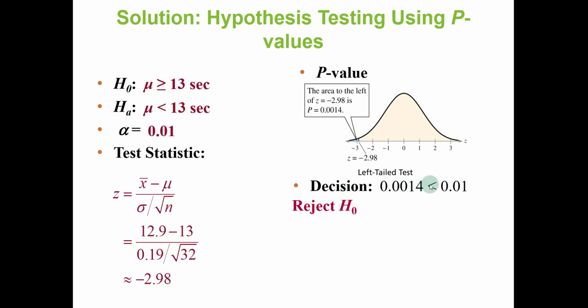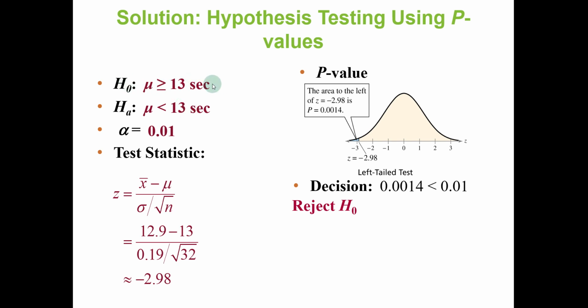So in this case, you can clearly see that your p-value is less than the level of significance. So you reject the null hypothesis. Less than why? Because here you have 0.001, here you have only 0.01. So you reject the null hypothesis. And if you reject the null hypothesis, it means you fail to reject the alternate hypothesis.